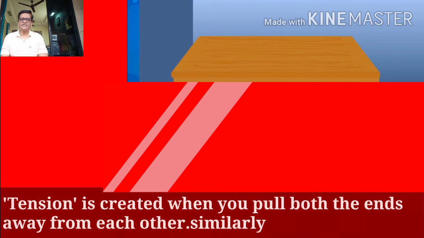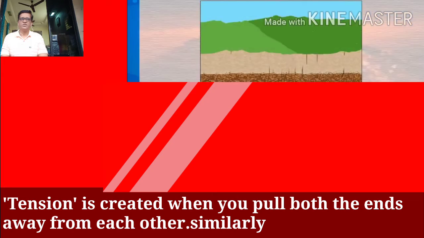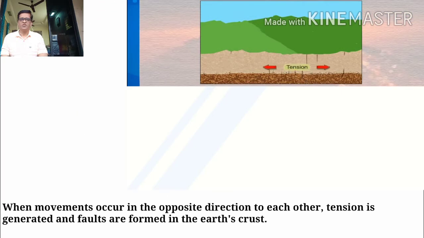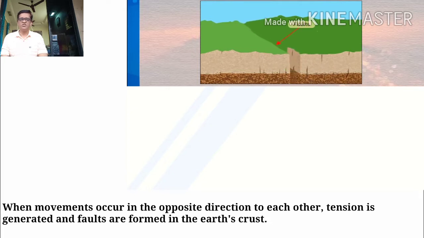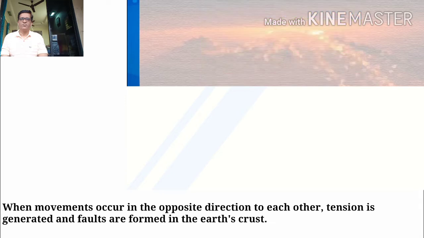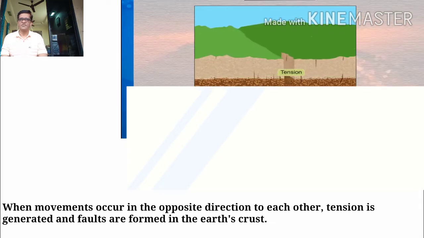Tension is created when you pull both the ends away from each other. Similarly, when movements occur in opposite direction to each other, tension is generated and faults are formed in the Earth's crust.